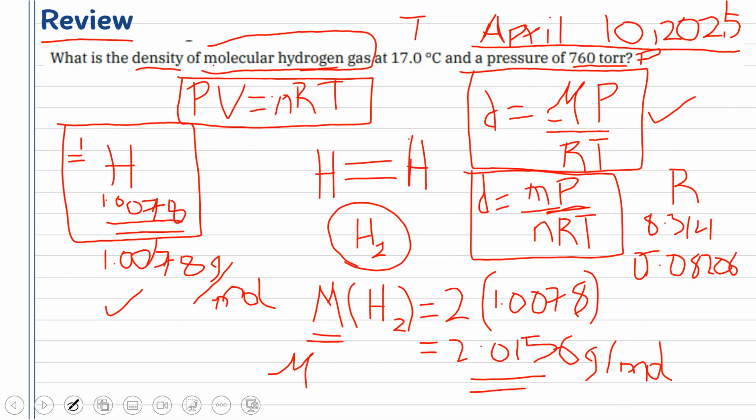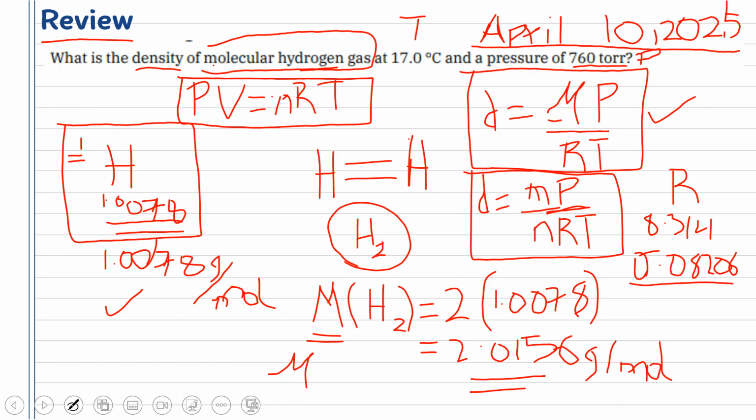So one of these values you're going to use for your R. I'll suggest you use this because this one is in atm, because then you can change your pressure into atm. Okay. So whichever R unit you have, just pick, and now you just substitute them into the formula.